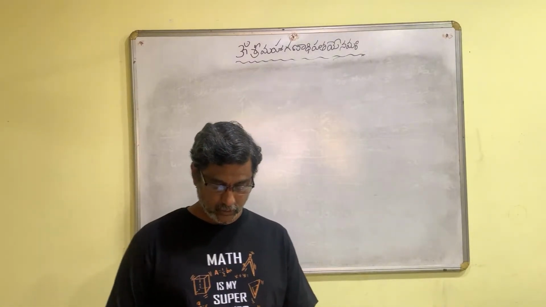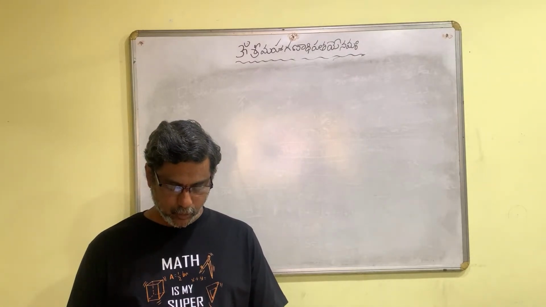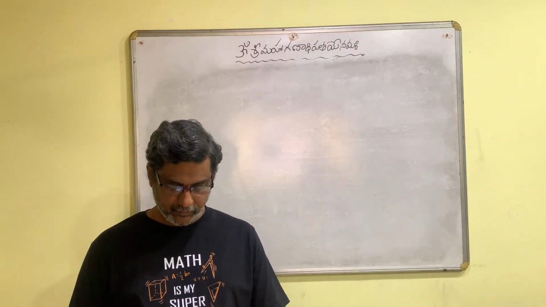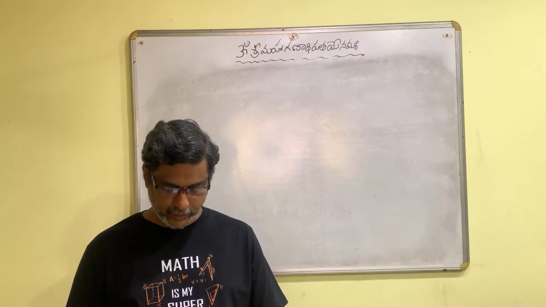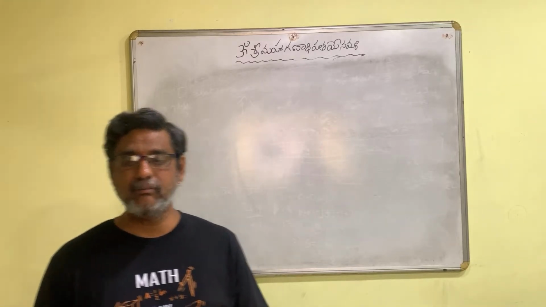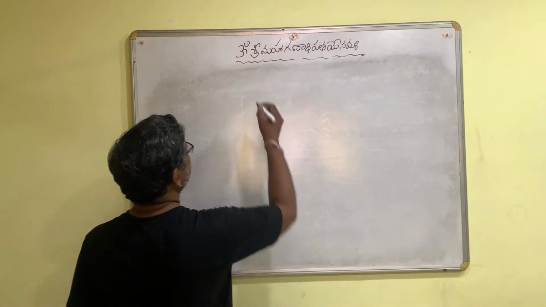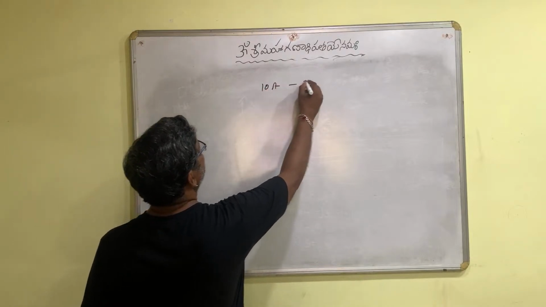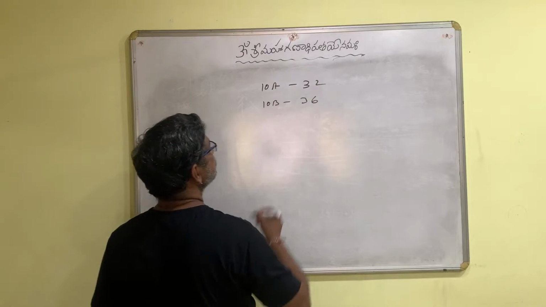So first question, what is the minimum number of books you will acquire for the class library so that they can be distributed equally among the students of section A and section B? So what we have to find out? 10A consists of 32 students, 10B 36 students.